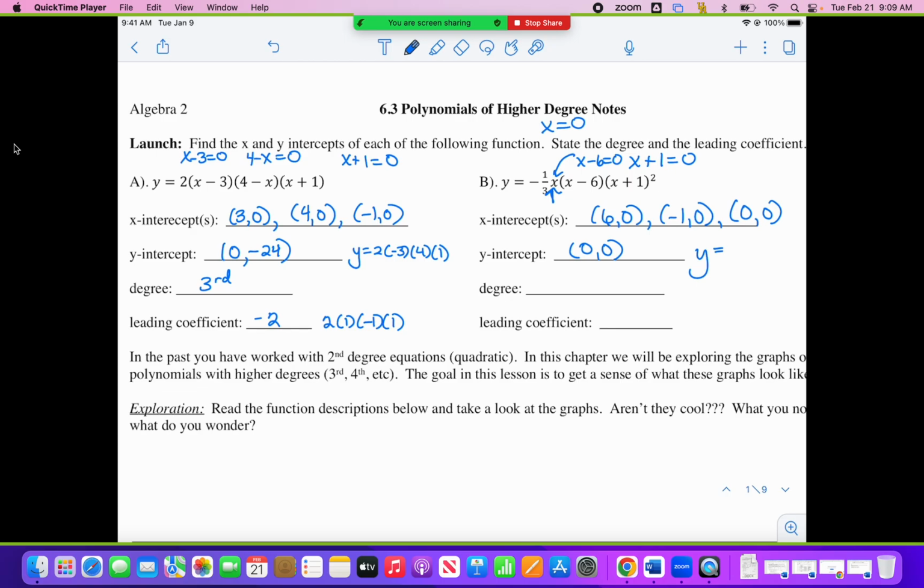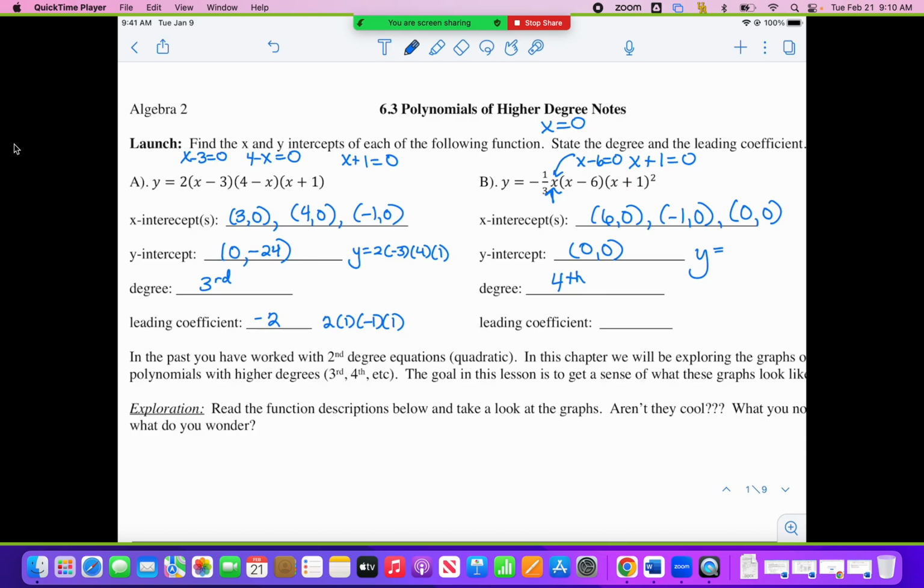All right, now let's try to see if we can figure out what the degree is here without multiplying the whole thing out. Anybody feeling confident? This is a little tricky. 4. It's 4. How did you get that, DP? Because the x plus 1 squared would be x to the second, and then times x minus 6 would be x to the third, and then times negative 1/3 x is x to the fourth.